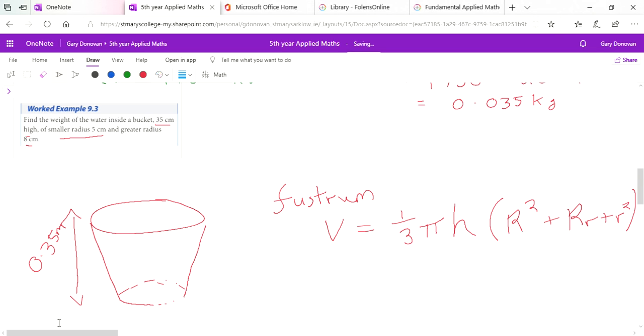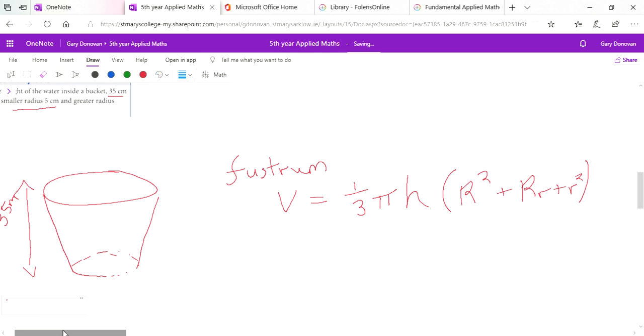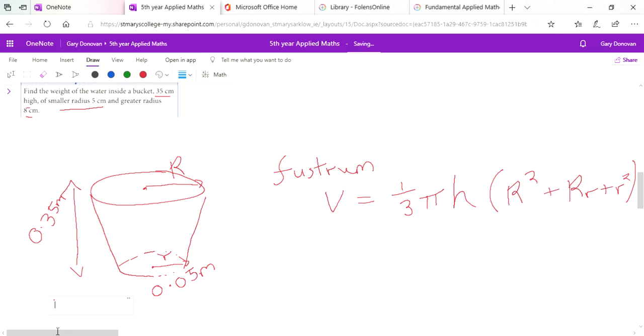The capital R is the bigger radius, and the small r is the smaller radius. So in our case, the smaller radius is 0.05 meters, which is 5 centimeters, and the bigger radius in the question is going to be 0.08 meters.